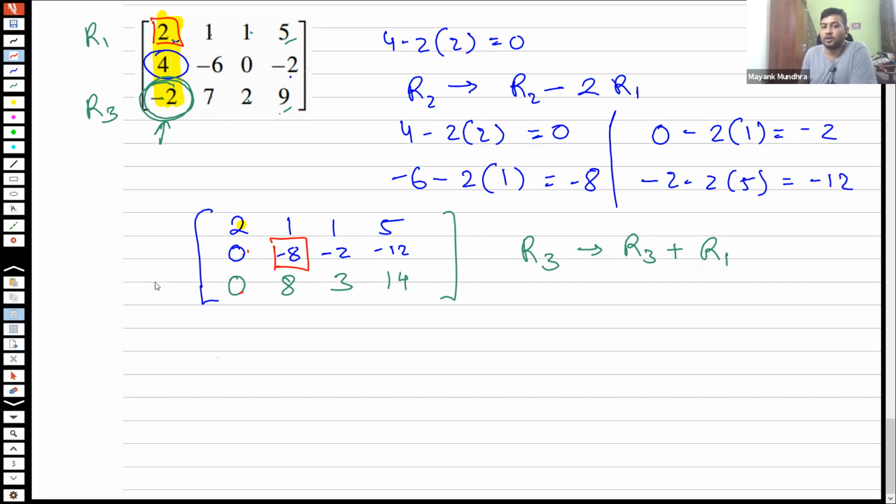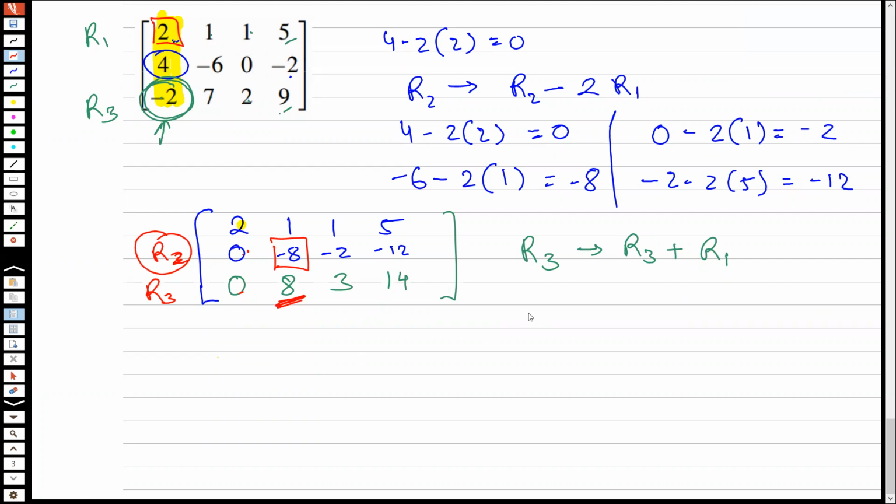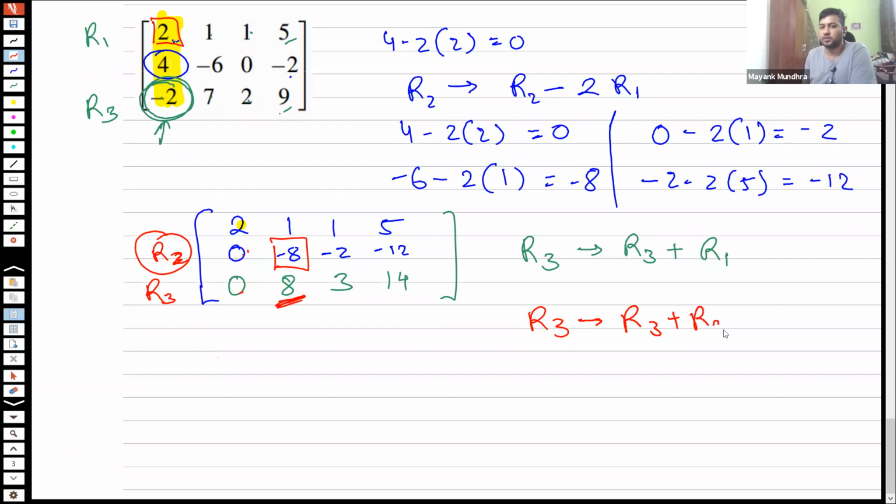Now I want to do some operation on row 3 with respect to row 2 in order to make this element 0. So what should that operation be? Row 2 plus row 3. Very good. So row 3 goes to row 3 plus row 2.